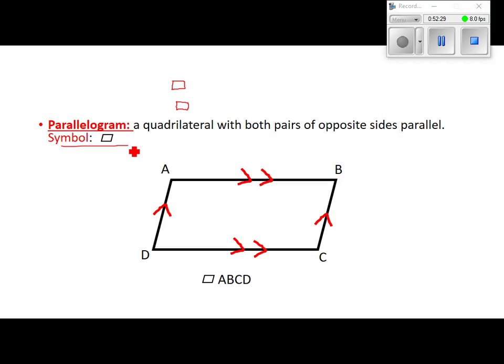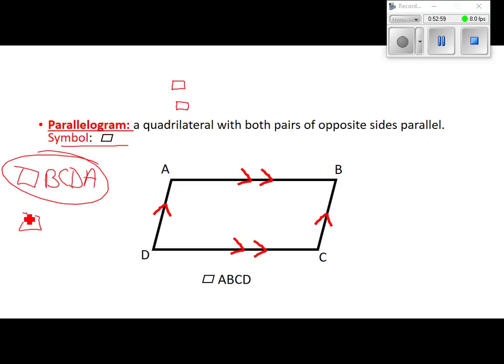Square, A, B, C, D. Rectangle, A, B, C, D. Parallelogram, we put that symbol, just like triangle, out front, and then you go around the shape in order. Doesn't matter where you start. So what's another way I could name this parallelogram other than A, B, C, D? B, C, D, A. C, D, A, B. D, A, B, C. That would work.